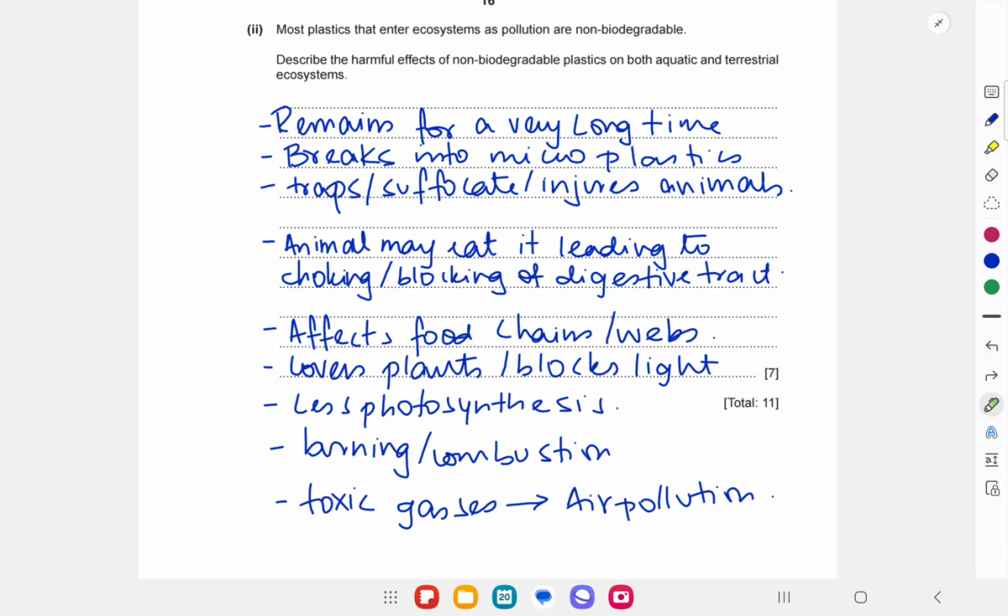These microplastics can injure the animals. The larger particles of the plastic can trap animals, whether aquatic or terrestrial. The animals may eat it, leading to choking or blocking of the digestive tract, which can cause several diseases in animals.